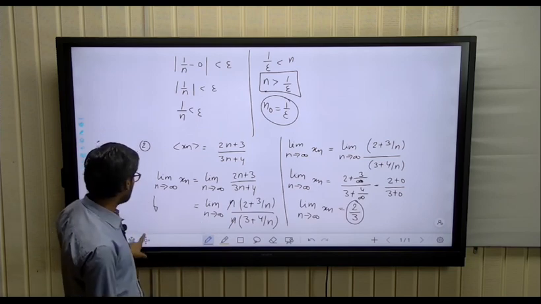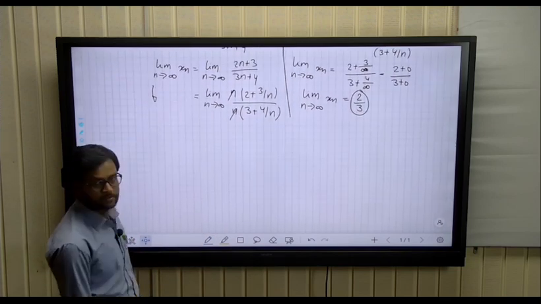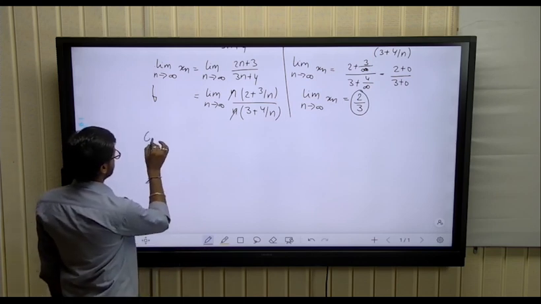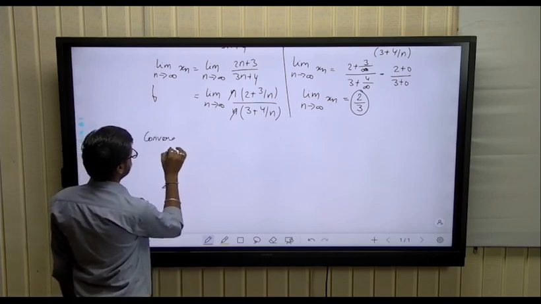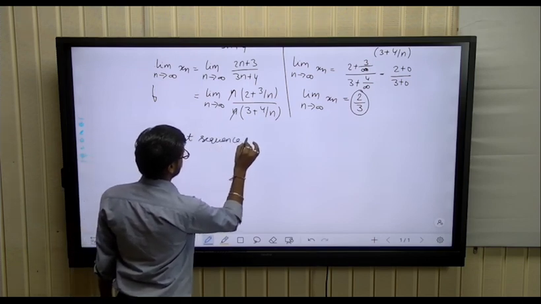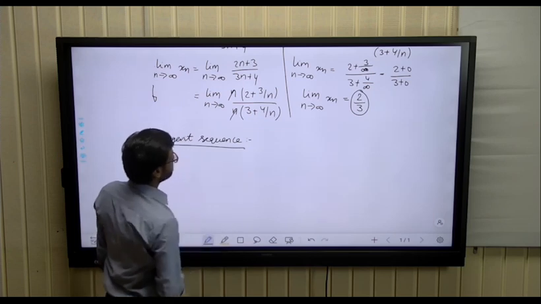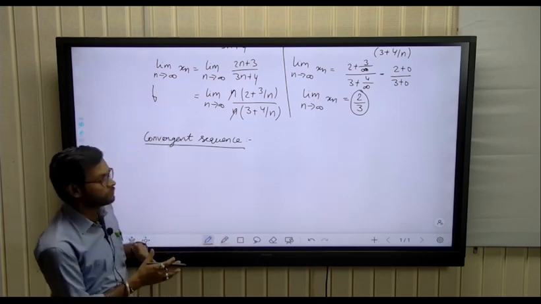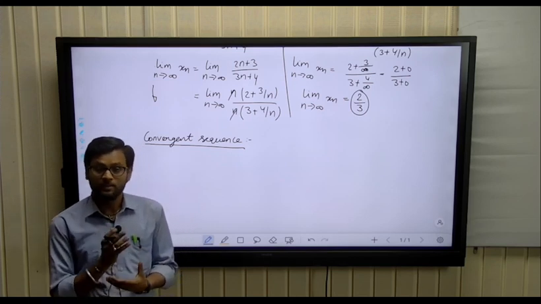Now we come to our topic, convergent sequence. First, we discuss the definition of a convergent sequence in the mathematical way.